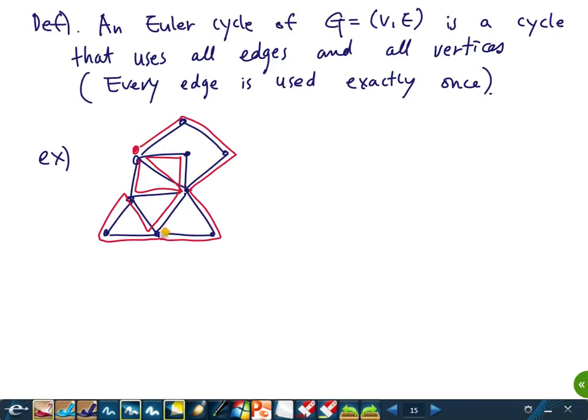I returned to the starting point, and then I used every edge exactly once. I visited all vertices. It's okay to visit one vertex more than once, but you have to use every edge exactly once. So this is an Euler cycle. So the question in this problem, the Königsberg bridge problem, is to find an Euler cycle of the given graph.